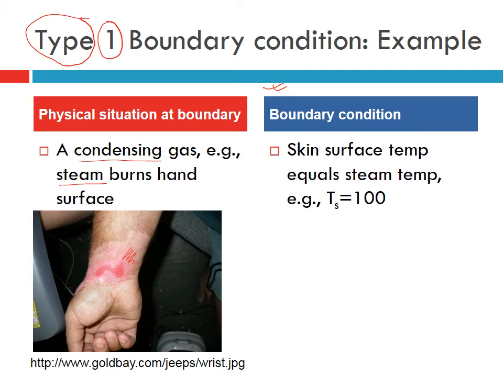So condensing steam, from physical considerations, it is known that it can maintain the surface temperature basically equal to the steam temperature. So the boundary condition in this case is that the surface temperature is given.